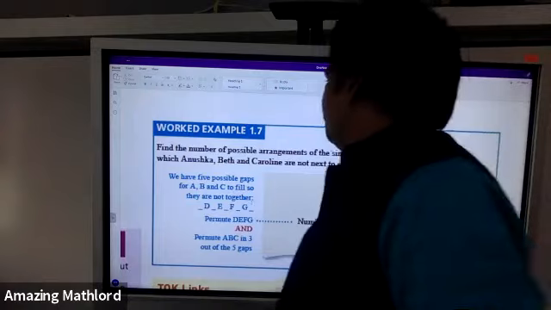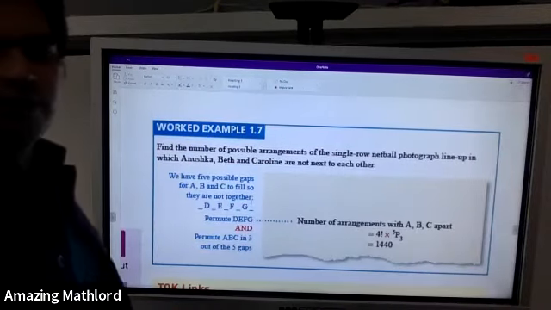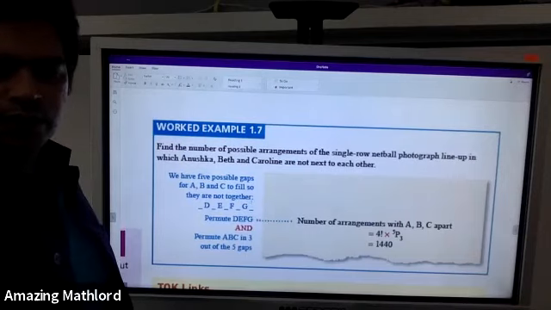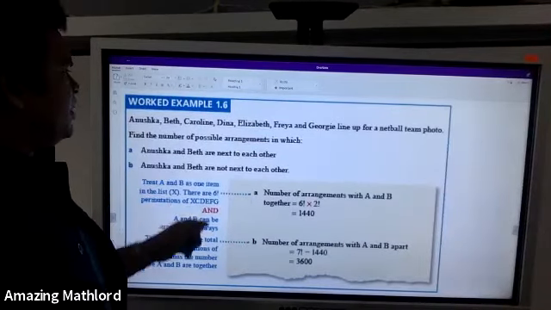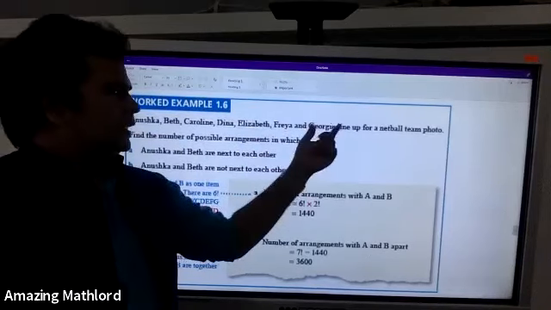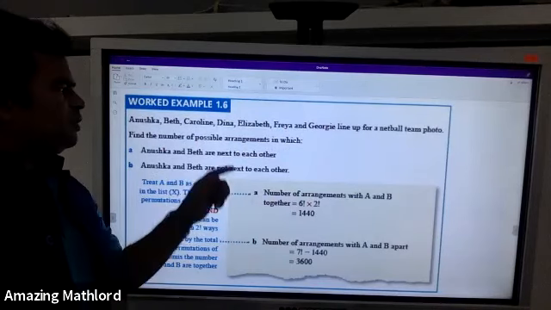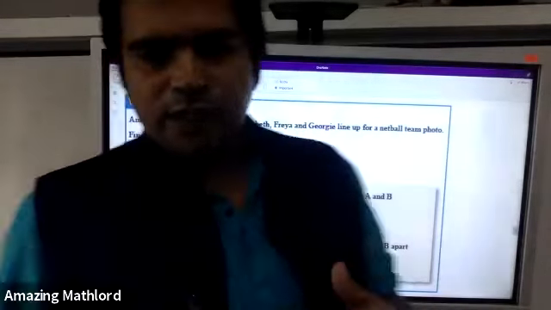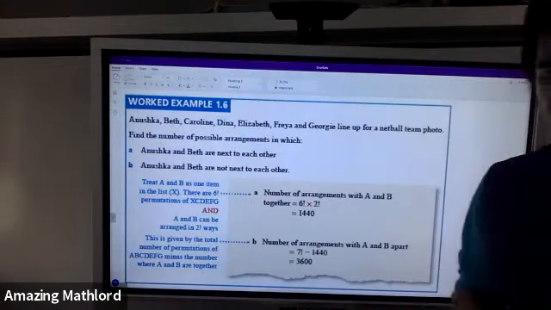This is actually a follow-up question; there is a previous part to it. So let's first go to that. Anushka, Beth, Caroline, Diana, Elizabeth, Freya, and Georgie line up for a netball team photo. Find the number of possible arrangements in which Anushka and Beth are next to each other.